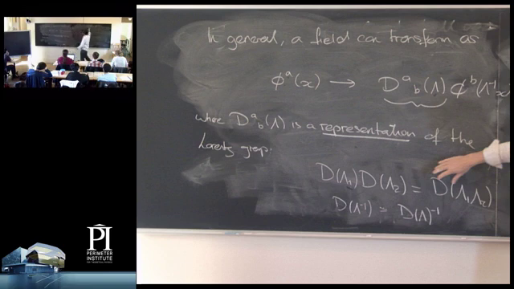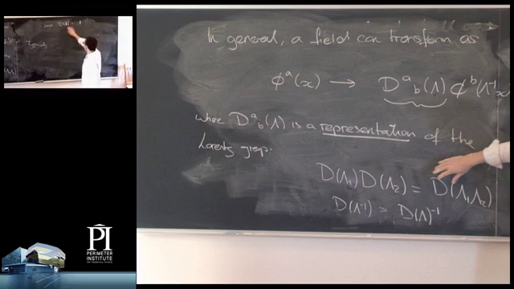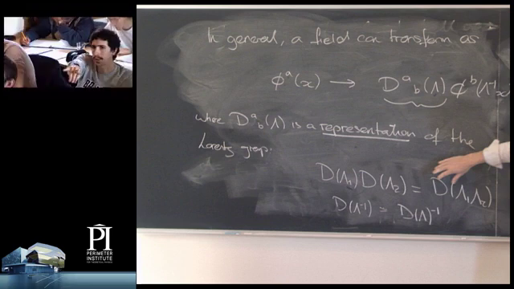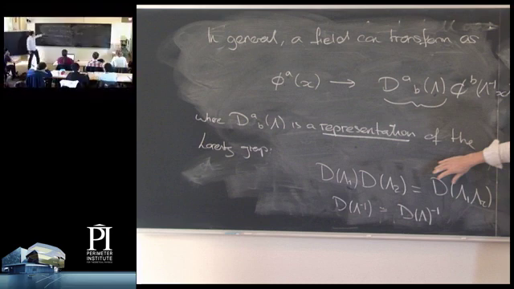And then there's this trivial one: if you don't do a Lorentz transformation, then D is also 1. You'd think with the first two axioms, this third one's not necessary. Good, so what we want is to find all possible Ds such that this is true. That's what's meant by finding all representations of the Lorentz group.